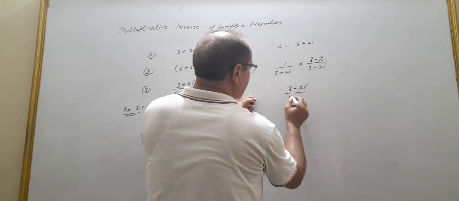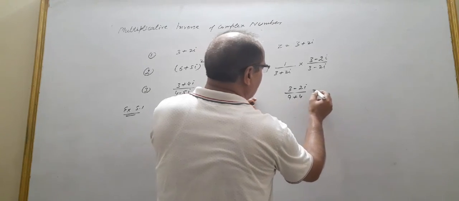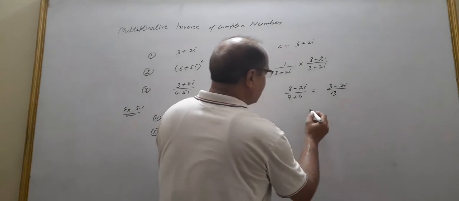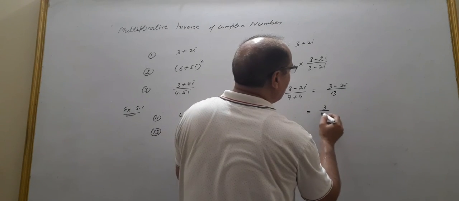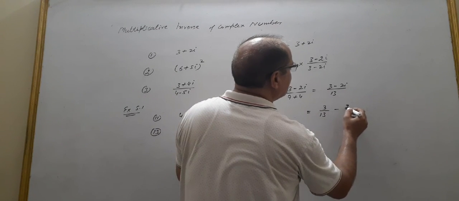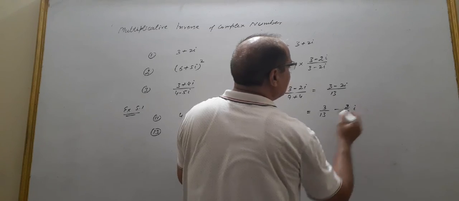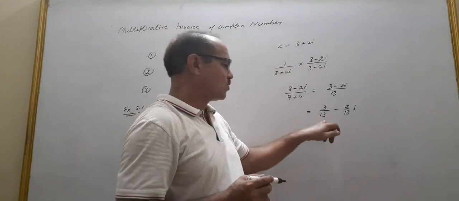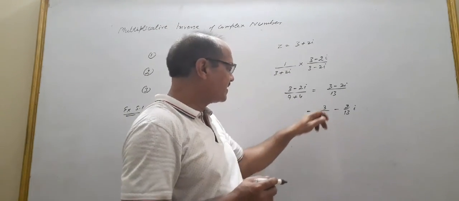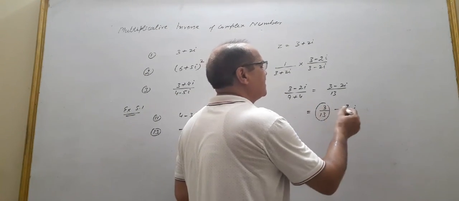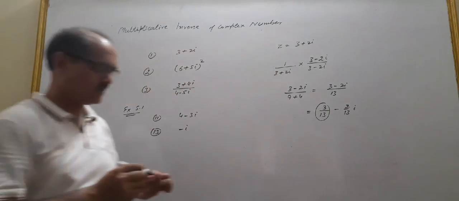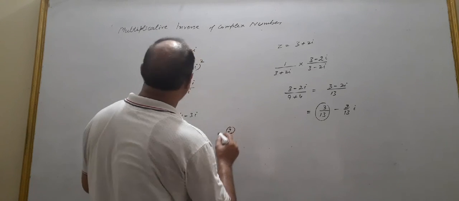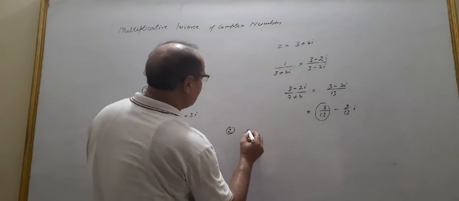So a square is 9 plus 4, that is 13, and the numerator is 3 minus 2 iota. Hence in the proper form this is 3 by 13 minus 2 by 13 of iota. So this is the multiplicative inverse of the complex number. If I ask what is the real part, the real part is 3 by 13 and the imaginary part is minus 2 by 13.